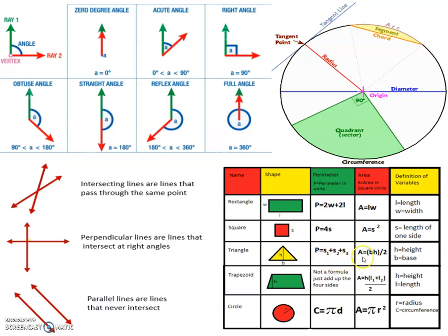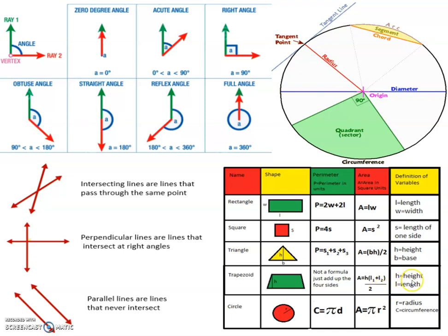Now capital A is equal to B into H upon 2, where H is height and B is base. Trapezoid looks like this. For perimeter, there is no formula, just add up the four sides.